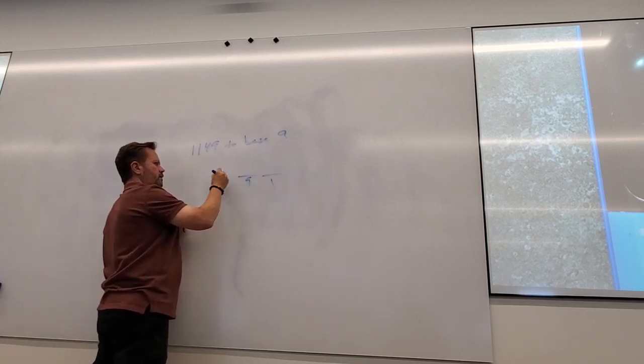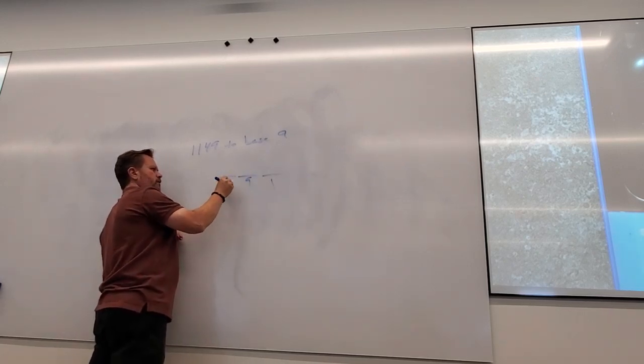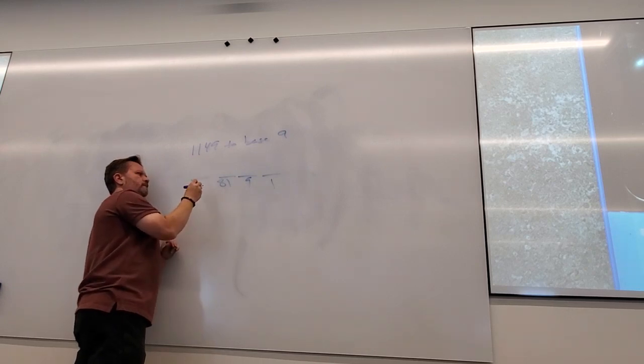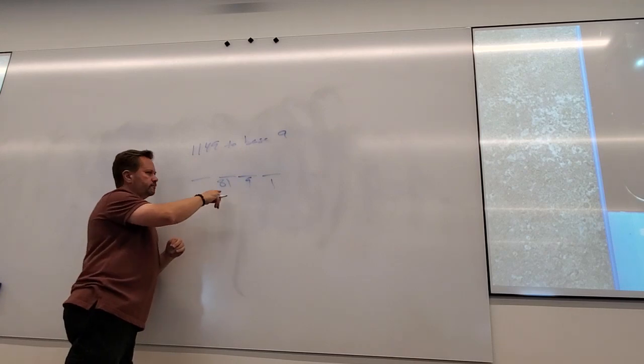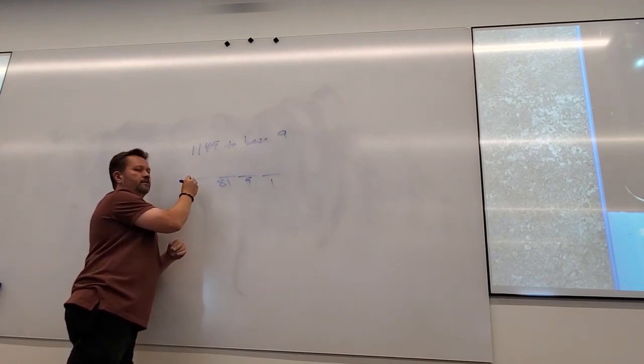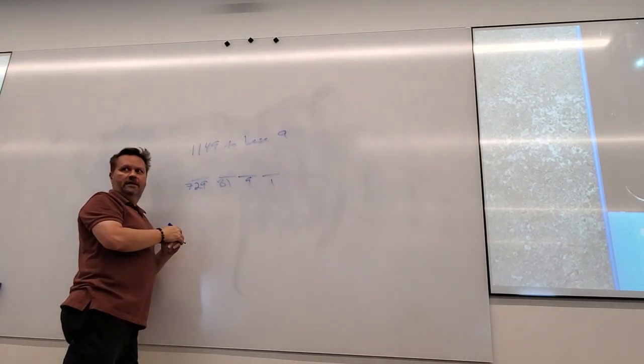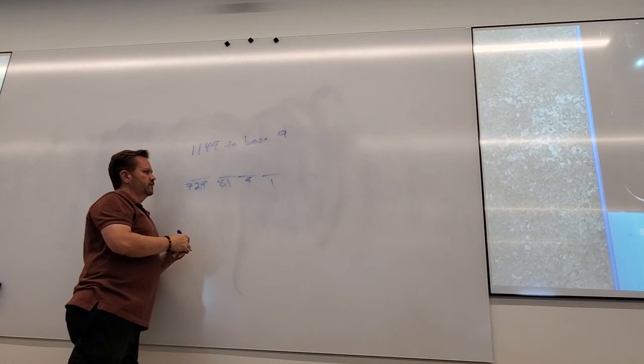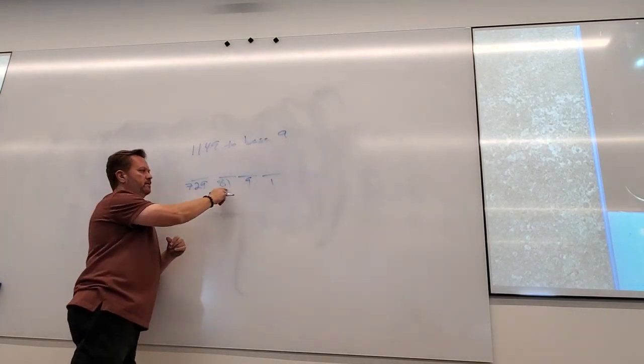So 1, 9, what's the next place? 81. Then 8 times 9 is... 6561. No, you went too far. Multiply by 9, multiply by 9.